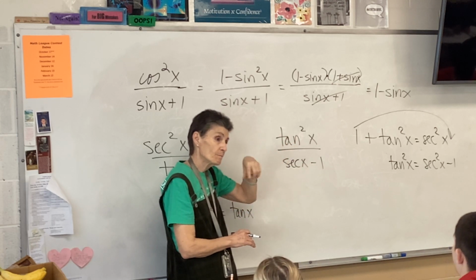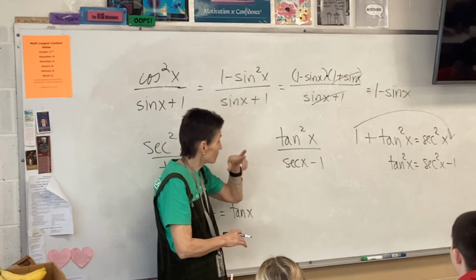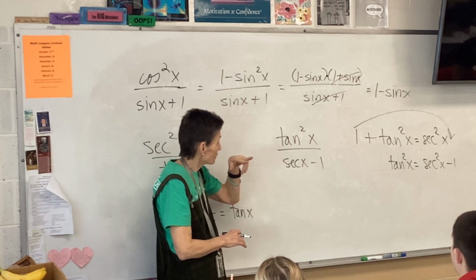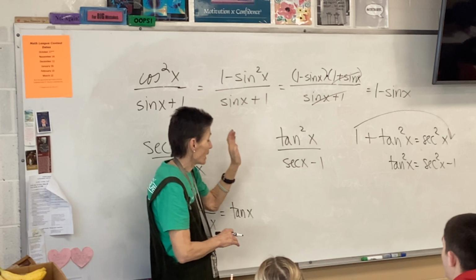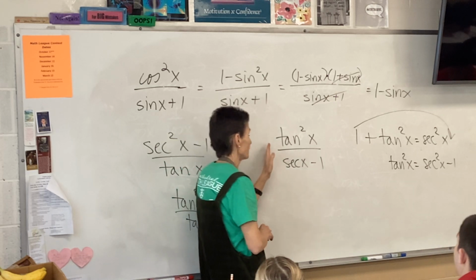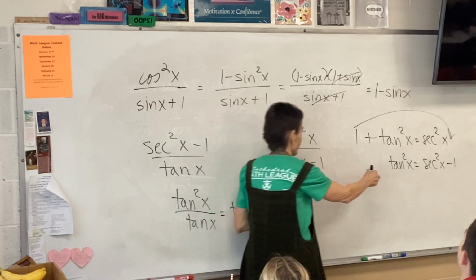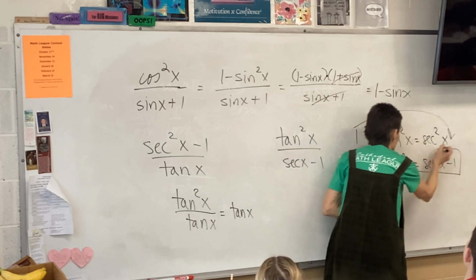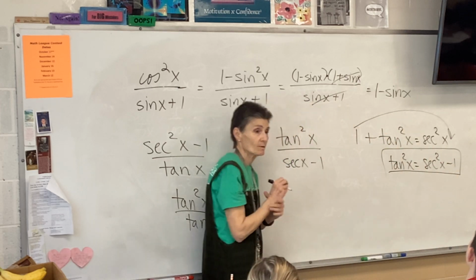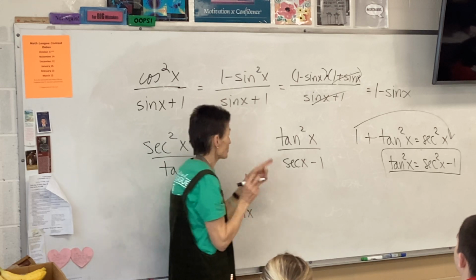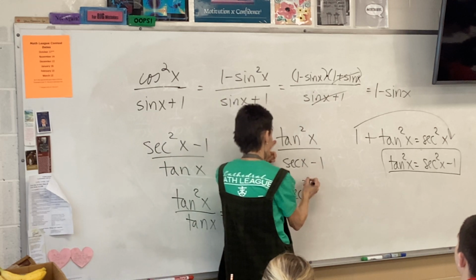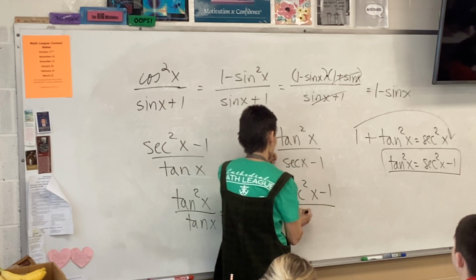Jack? Well, I can't just put a 1 in. But what I can do, Jack, is look over here. What does tangent squared equal? Secant squared minus 1. So I'm going to change my numerator into secant squared minus 1.